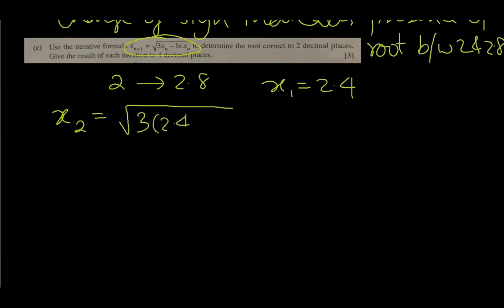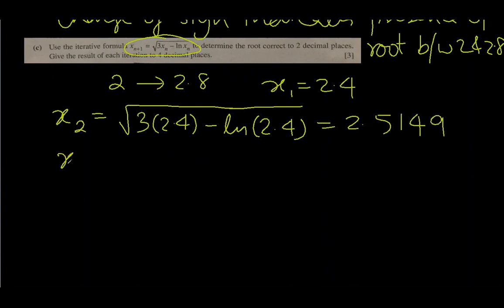I will substitute 2.4 here and minus ln 2.4. And we will use calculator to find this, which will be 2.5149. And I'll continue this till I get my required solution.